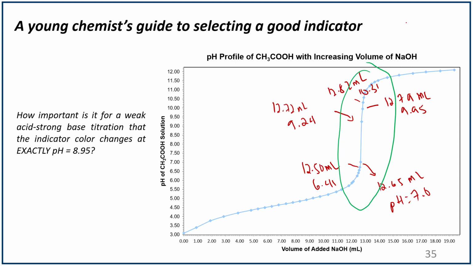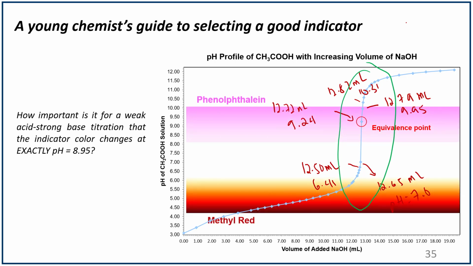Now is that true for this titration curve? If we consider again these indicators, we note that methyl red is actually not a suitable indicator for this titration anymore. You can see methyl red is far this time from the equivalence point.